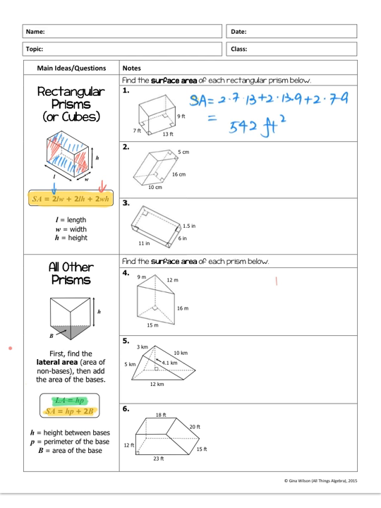So let's look at this example on the right, number 4. Obviously I have the height at 16, and the perimeter I have 9 plus 12 plus 15, because this is 15 right here. So I should have 27, 36 there. And therefore, if I want to calculate the lateral surface area, I should have 16 times 36, which is 576.